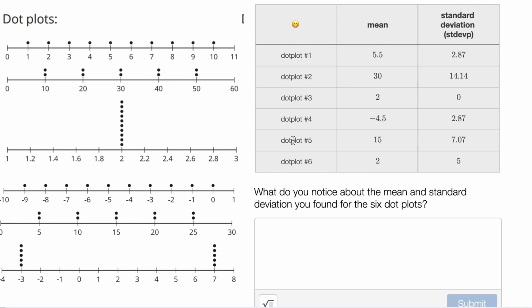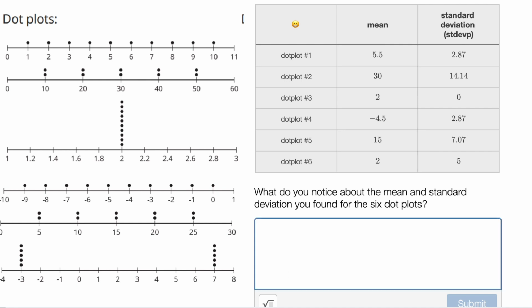So they're going by 10s, and dot plot 5 is going by 5s. On number 3, they were all the same value, so the standard deviation was 0. But if you look at dot plot 6, they went from -3 to 7, so the standard deviation was higher. They were more spread out than on dot plot 3.